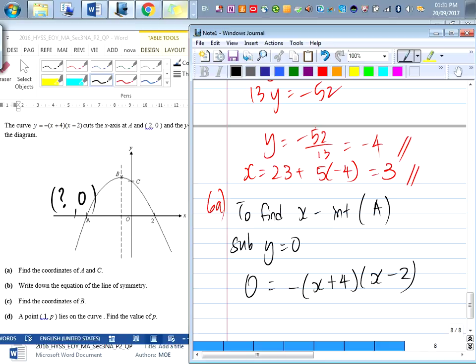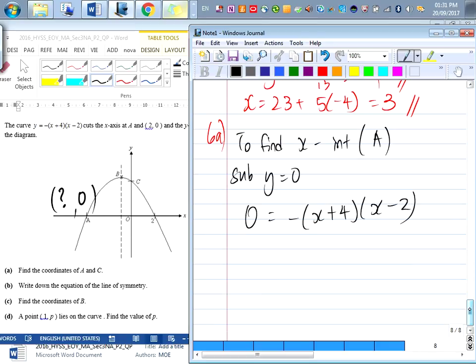Now I have two options for x. I choose to divide by negative 1. So over here I divide by negative 1 again. I will get (x plus 4)(x minus 2) equals 0. They are the same thing. Whether you divide by negative 1, multiply by negative 1, or shift everything from this side to the other side, you will still end up with (x plus 4)(x minus 2) equals 0.